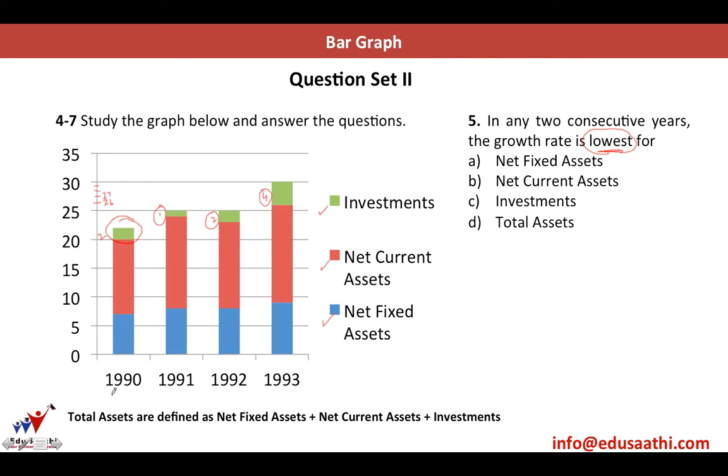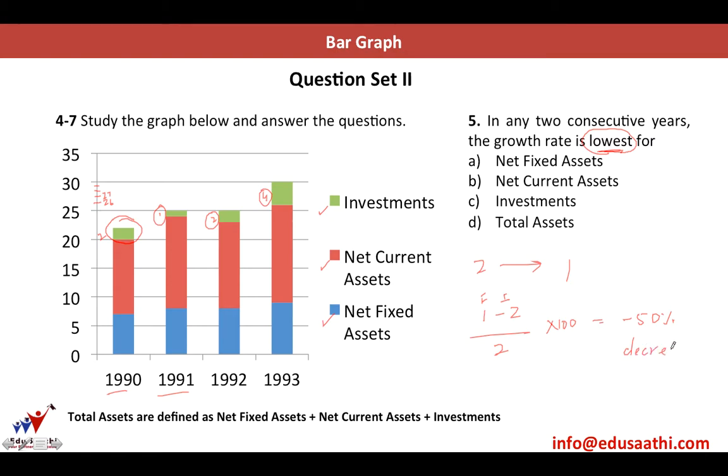So if you see from 1990 to 1991, the investments reduced from 2 to 1. So what is the decrease? We have the final value, which is 1, minus 2, which is the initial value. So this is the final value minus initial value, divided by the initial value 2 multiplied by 100. So this gives me a minus 50%, or a 50% decrease.